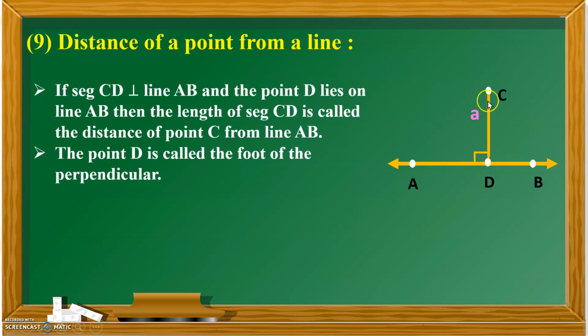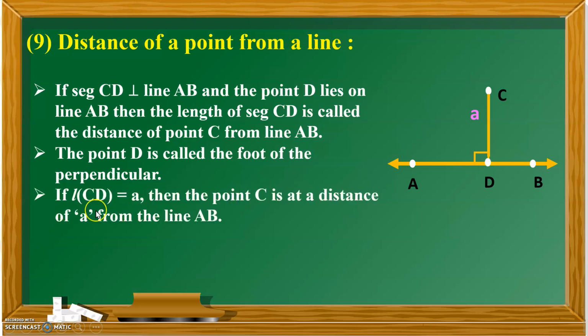If length CD is equal to a, and since this CD is the perpendicular distance from AB, we will say that point C is at a distance of a units from AB. Clear, students? If CD is equal to a, then point C is at a distance a from line AB.